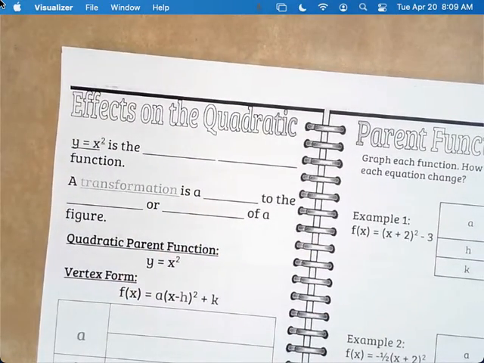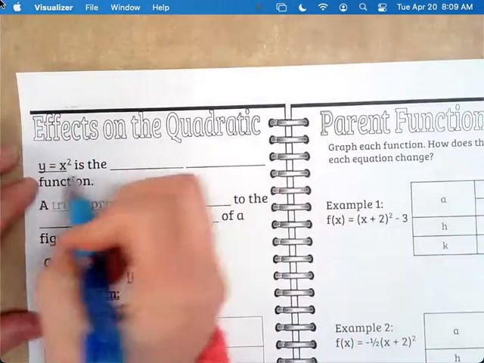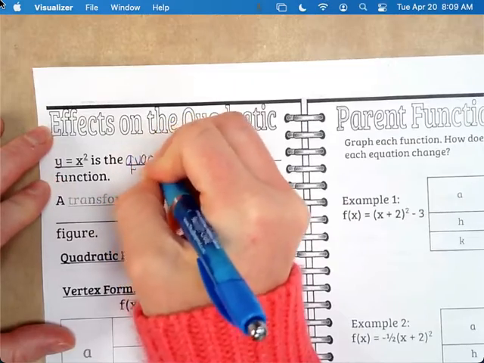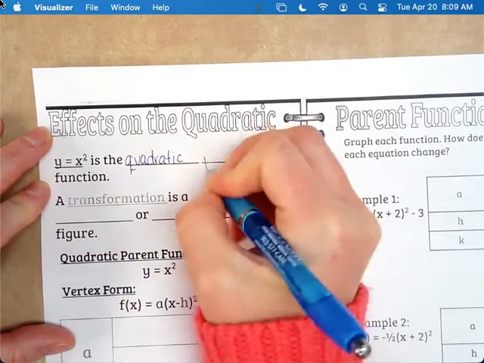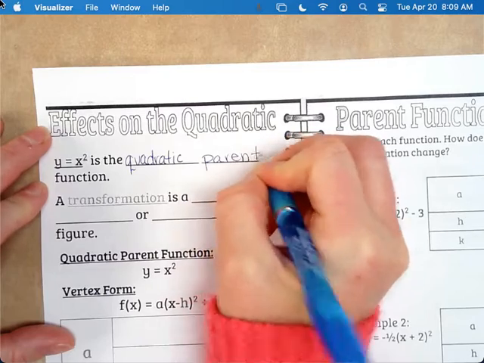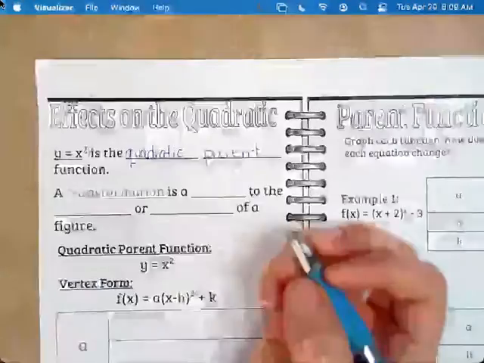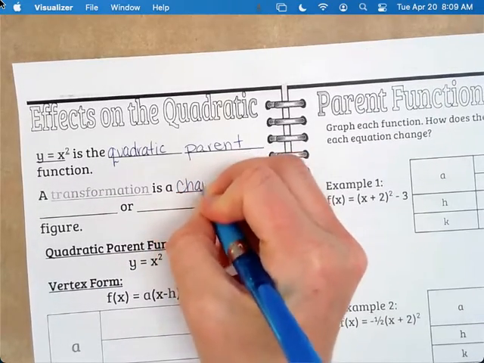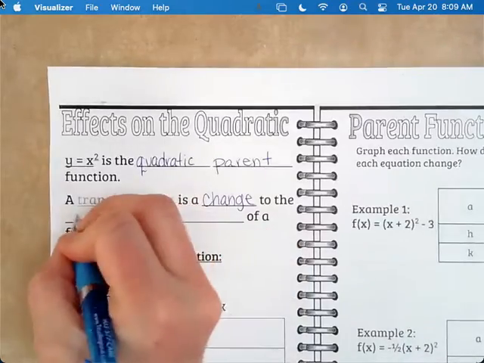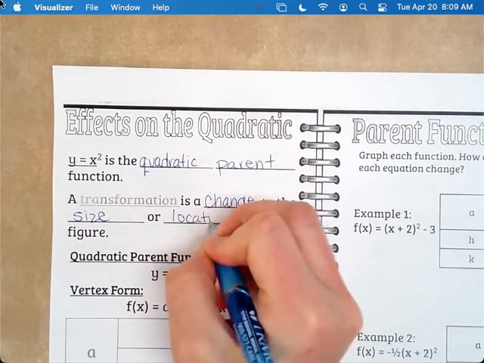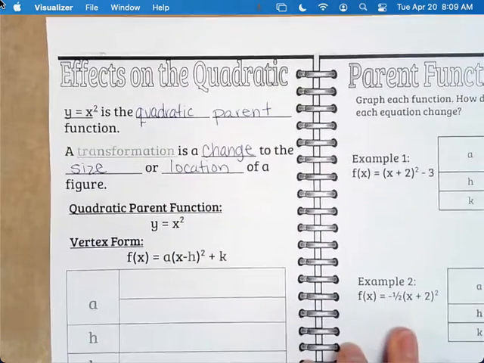Effects on the quadratic parent function notes. So y equals x squared is called the quadratic parent function. A transformation is a change to the size or location of a figure.